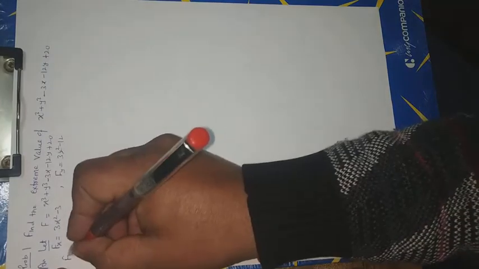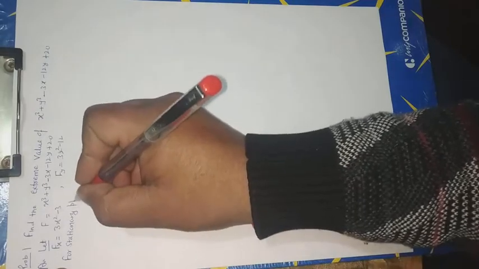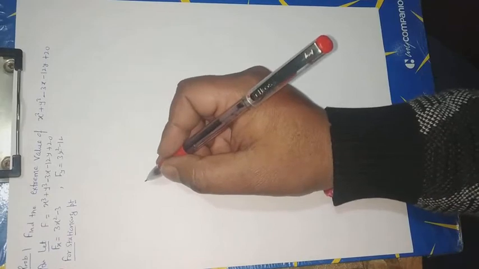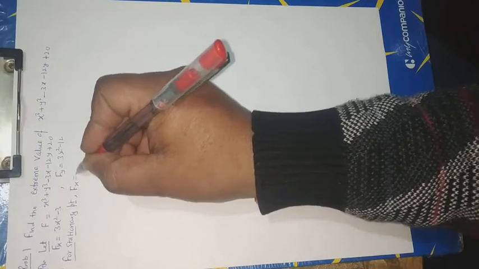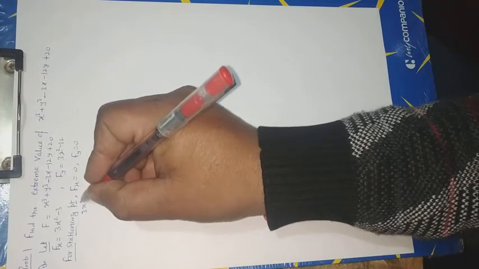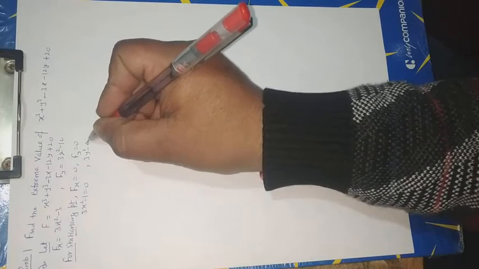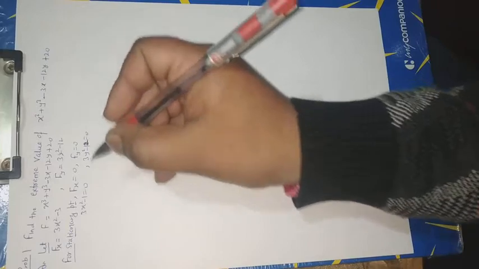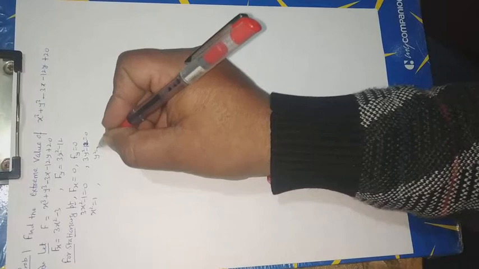For the stationary point, where we determine the extreme value of the function, we put fx equal to 0, fy equal to 0: 3x square minus 3 equal to 0, 3y square minus 12 equal to 0. Now x square is equal to 1, y square is equal to 4.